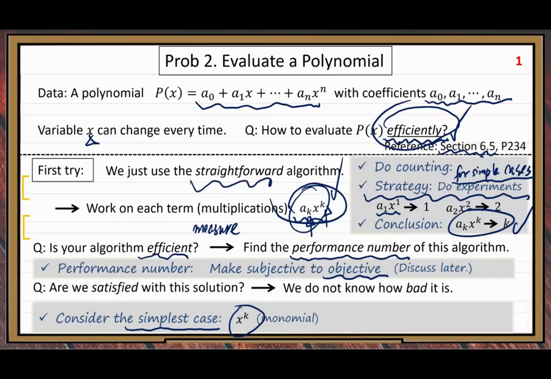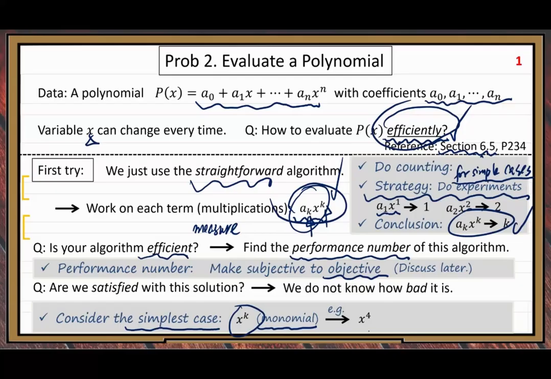We call it a monomial. Let's do a relatively simple calculation of a monomial. Look at this one, x to the fourth, this monomial.